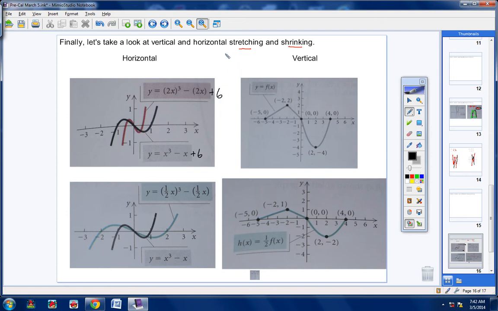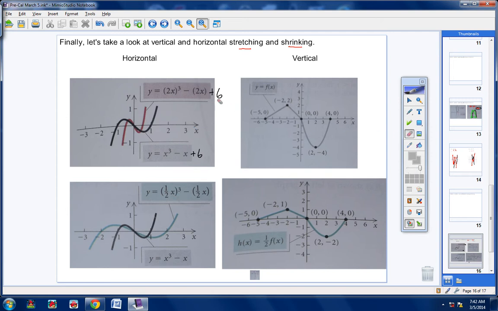The only time you have horizontal stretching and shrinking is when you multiply a number directly to the x, in the parentheses. It has to be multiplied to the x, because that's going to be different over here, and we're going to talk about that in a second. So the x's are what are directly influenced.